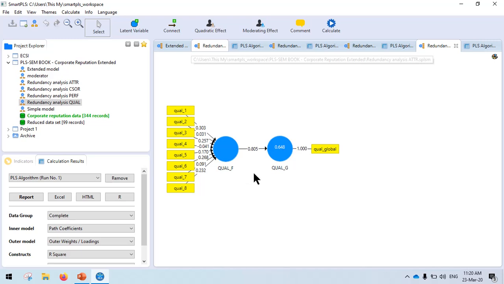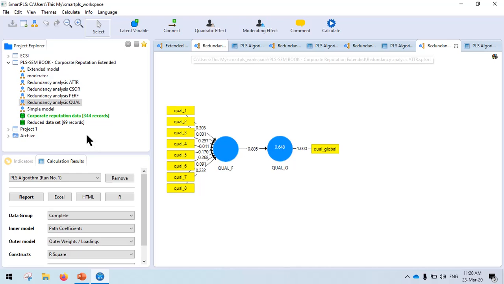Thus we provide support for the formative construct convergent validity for all the constructs. So we can now say that the formatively measured constructs exhibit convergent validity.